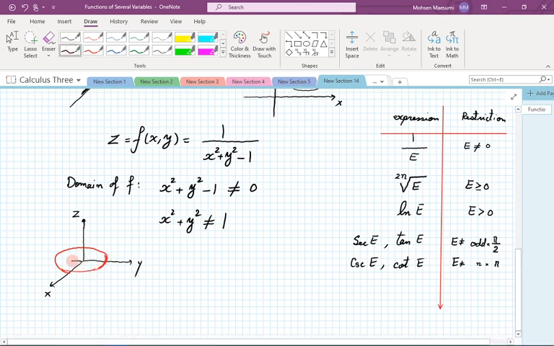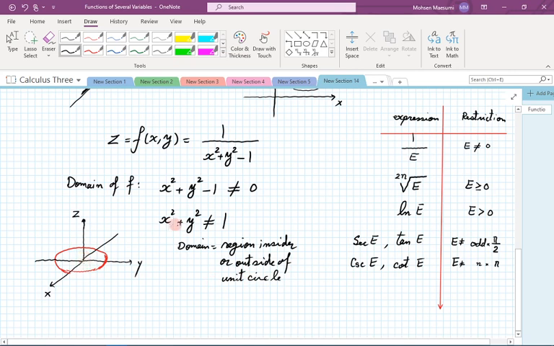So the domain, if this red line is not acceptable, if it's outside of the domain, it means you have to be either inside or outside of the circle. So another way of expressing this is, the domain is equal to the region inside or outside of the unit circle, that red thing.